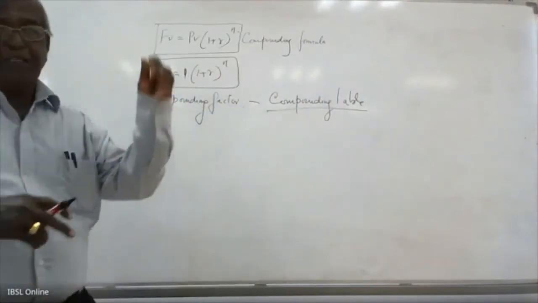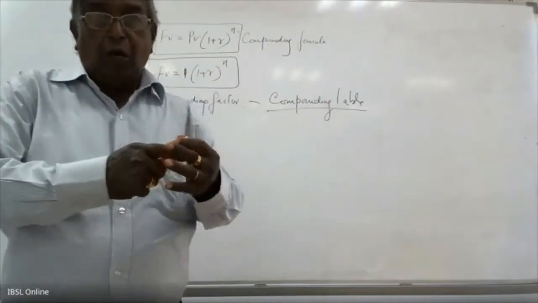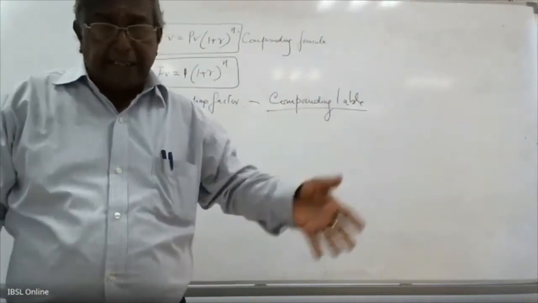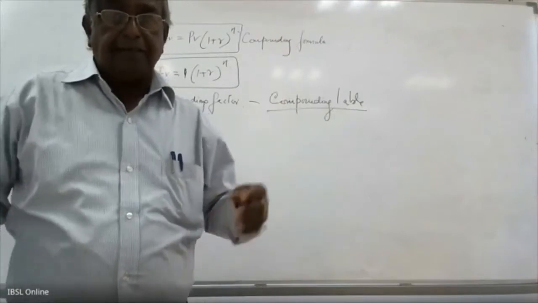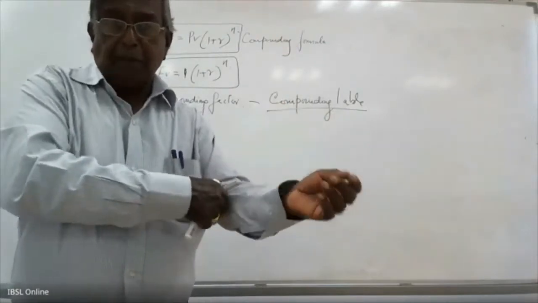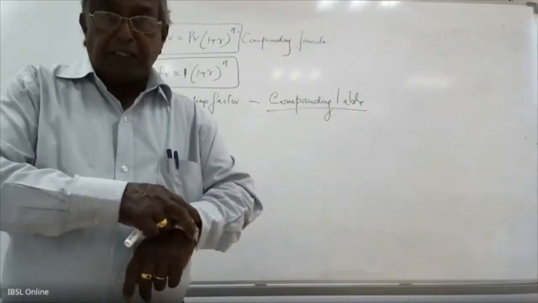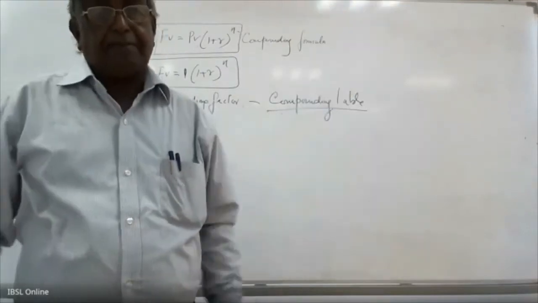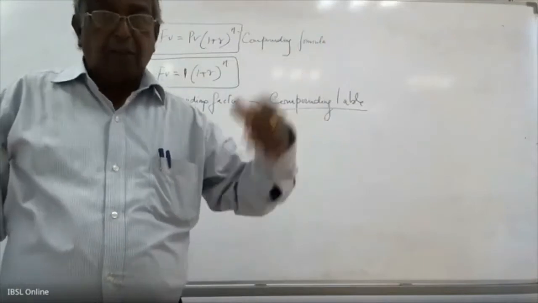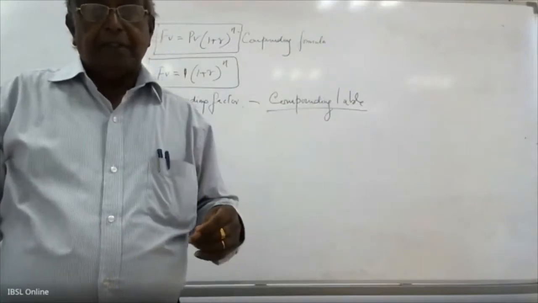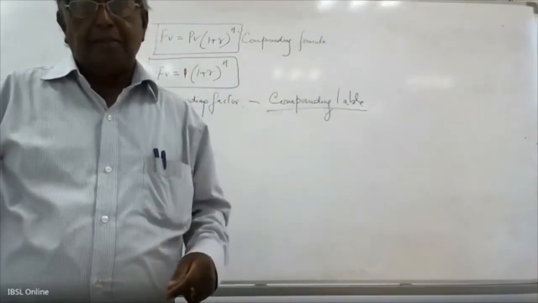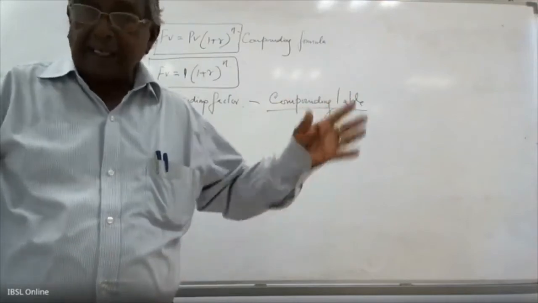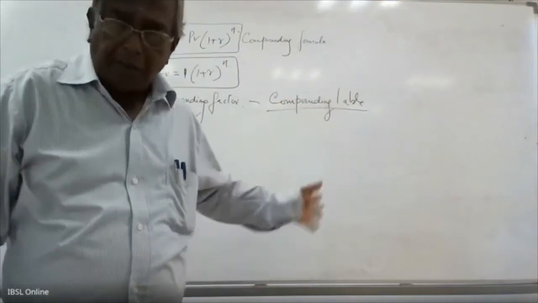Based on that, there is a compounding table, like the logarithm table, sine table, tan table, cosine tables. The people who have done compound mathematics, in those days advanced mathematics, they know these things. So similarly, the compounding table.